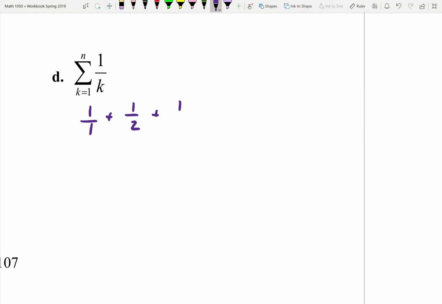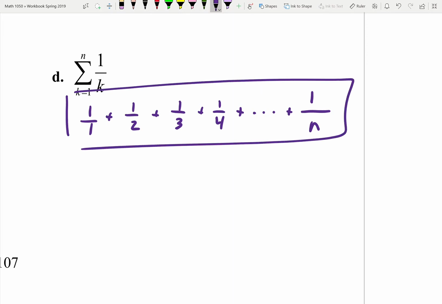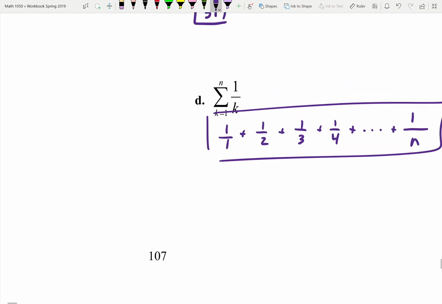Let k be a 3. 1 over 3. Go out for a minute. Let k be 4. 1 over 4. Then you're going to go plus blah, blah, blah. And then you're going to put a plus, and then you're going to put the last term. The very last term is going to be 1 over n. That's all you have to do. And we're not going to add those together. That's your setup, basically. Okay?